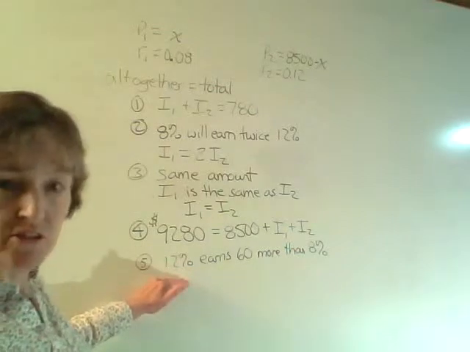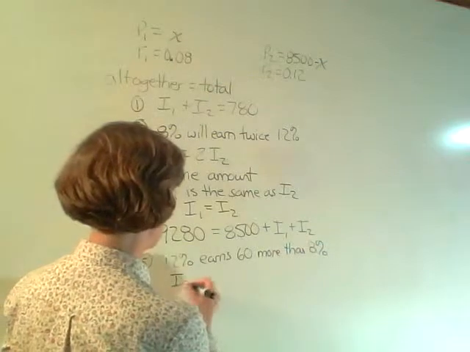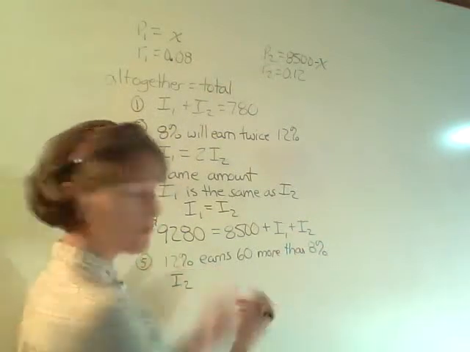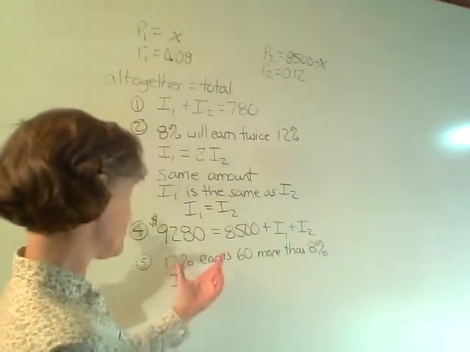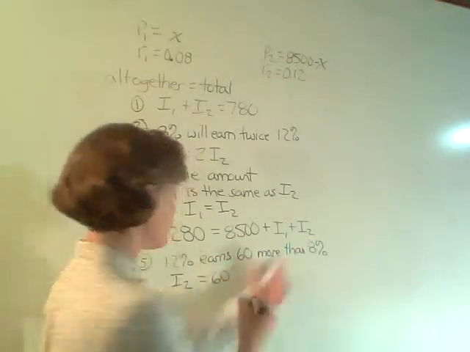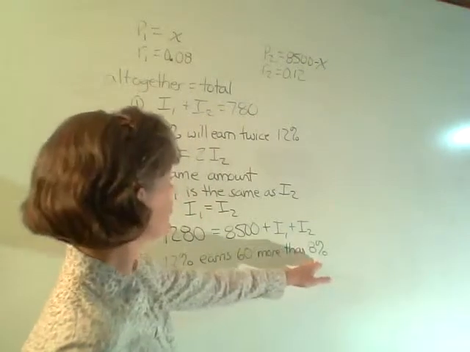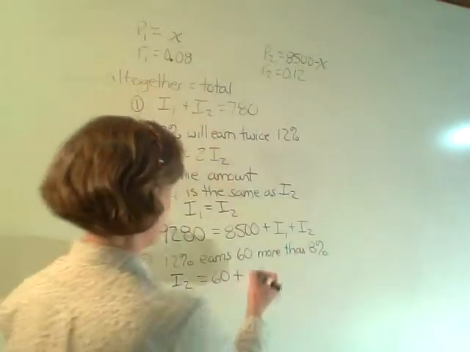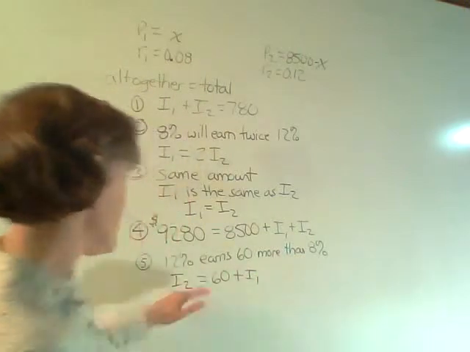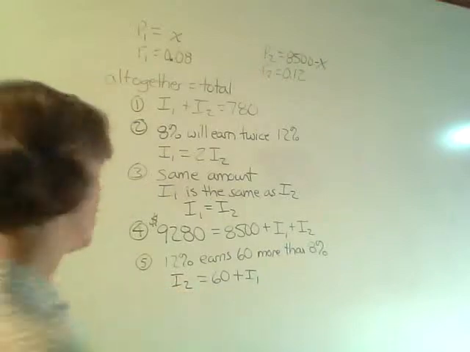What is the money earned in the 12% account? That's I2. So I2 equals 60, and then more than means plus the money earned from the 8% account, which is I1. So this is my general statement that represents question number 5.